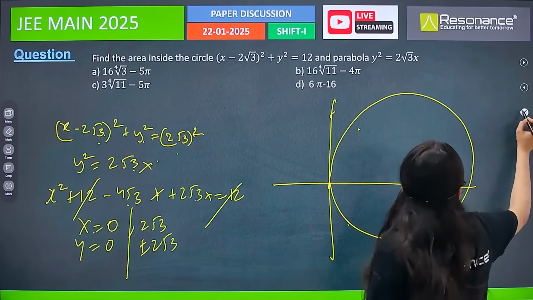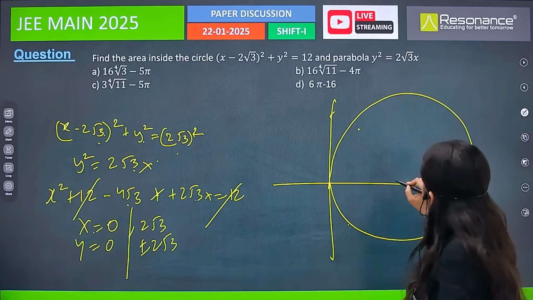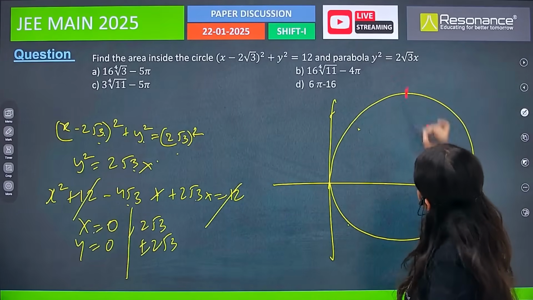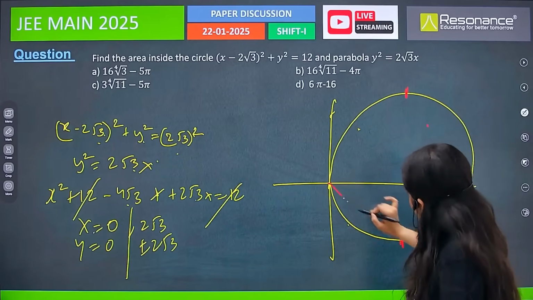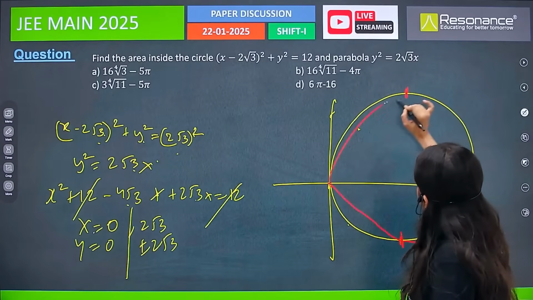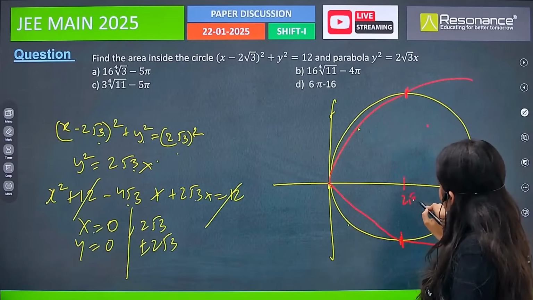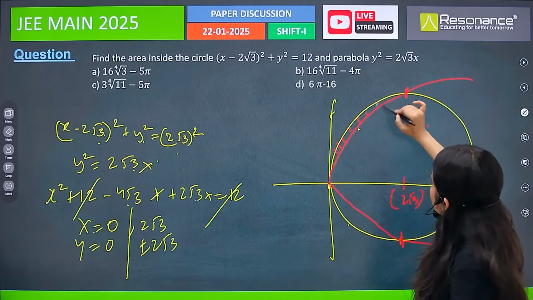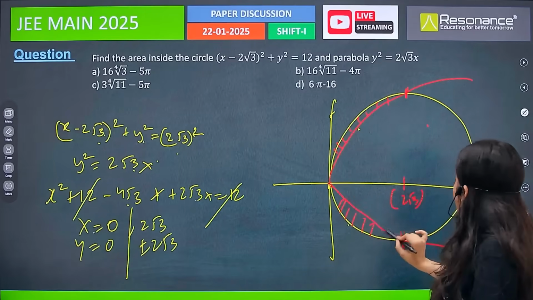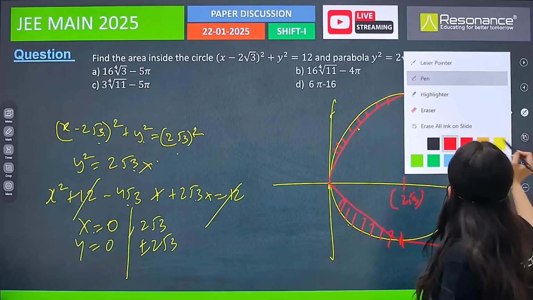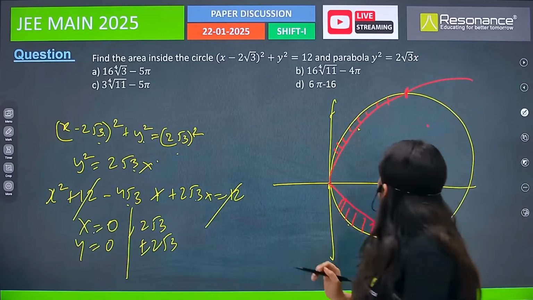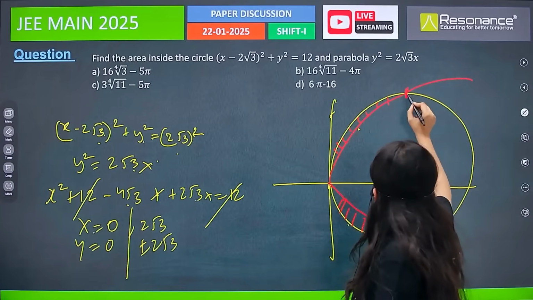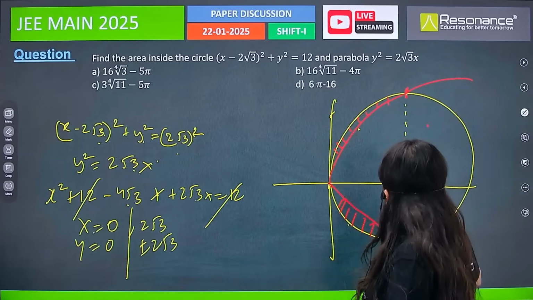Circle, and then the parabola will intersect just above the center at 2 root 3. So they are asking us this area, sorry, this area. So let's start.